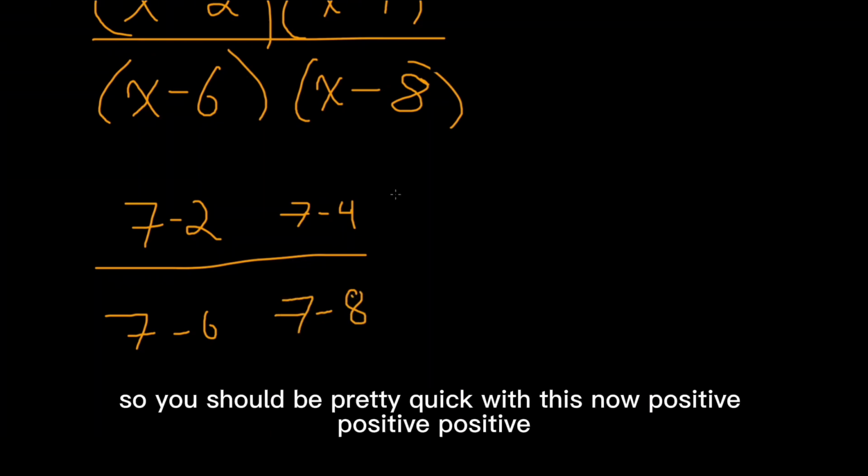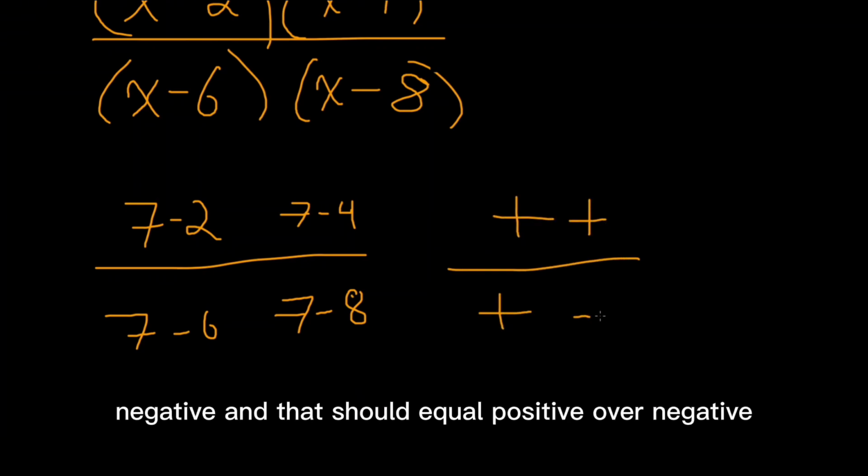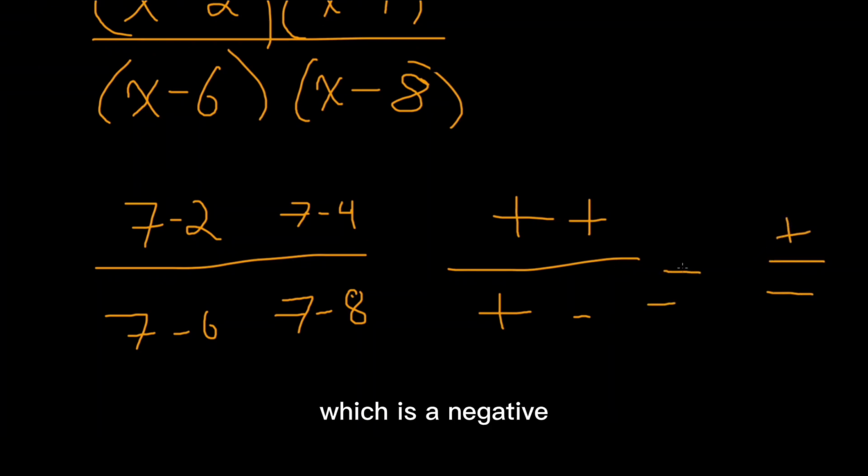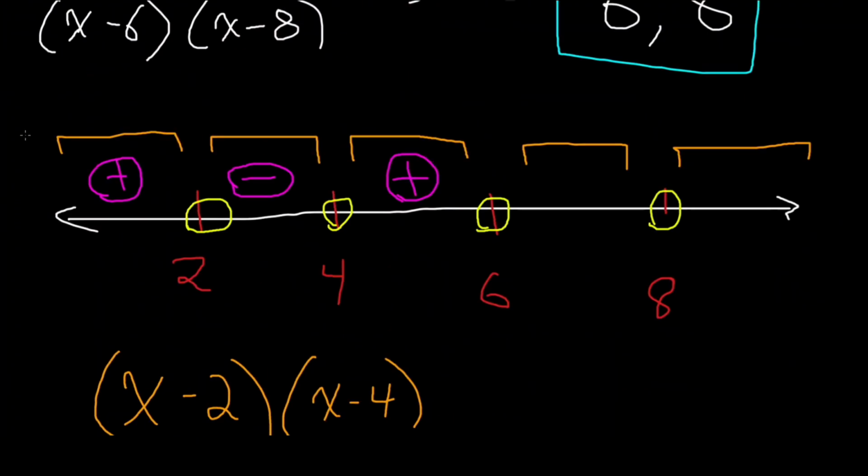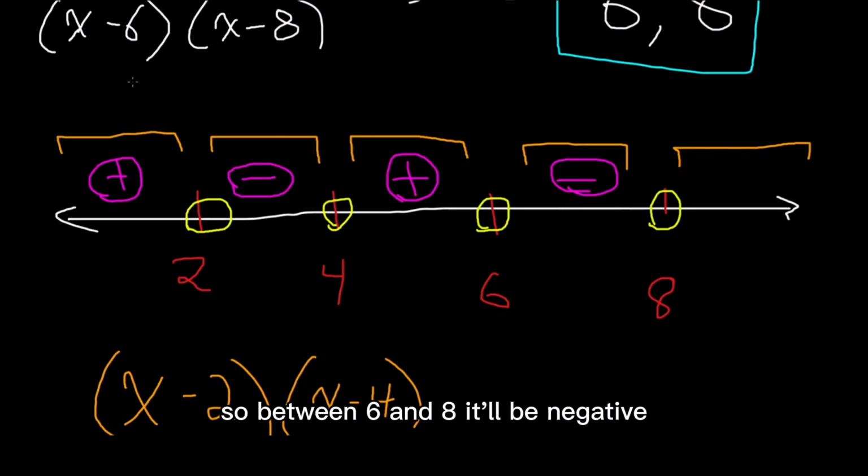And so you should be pretty quick with this now. Be positive, positive, positive, negative. And that should equal positive over negative, which is a negative. So between 6 and 8, it'll be negative.